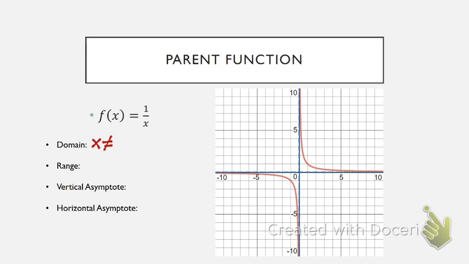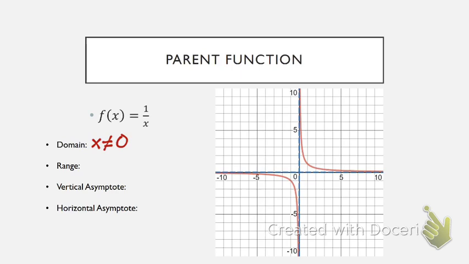If we just have 1 over x, the x value that would cause issues would just be the number 0. If we plug in a value of 0 into this parent function, we will end up with 1 divided by 0, which is no dice. That's not good. So my domain on this graph would be x can't be 0.